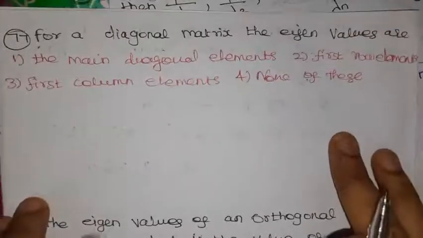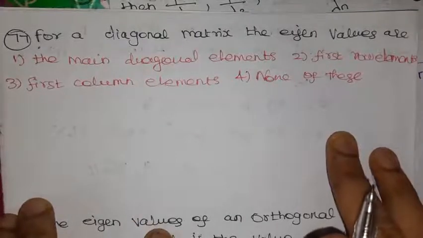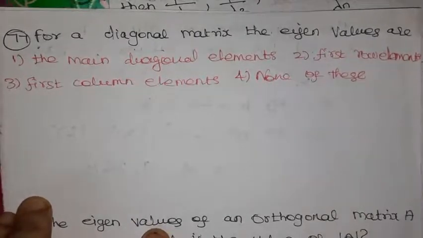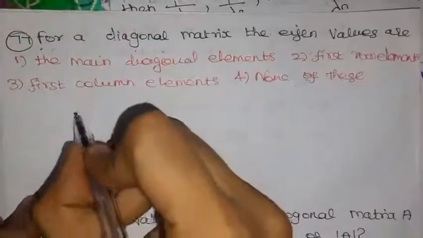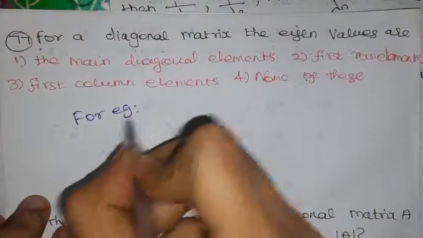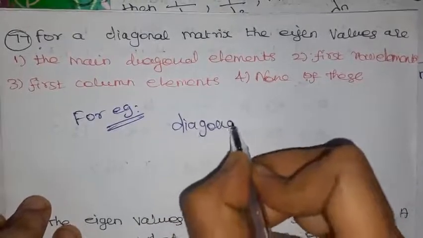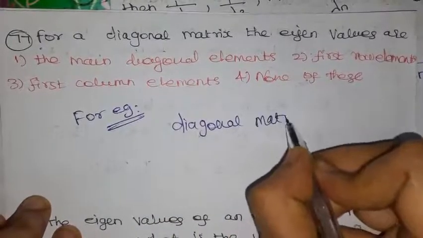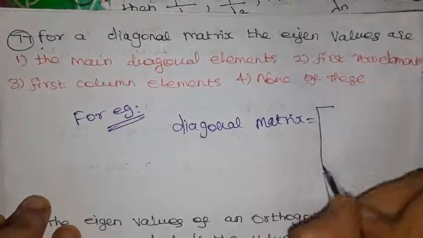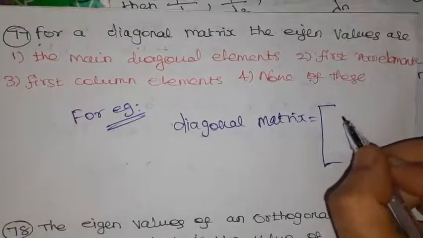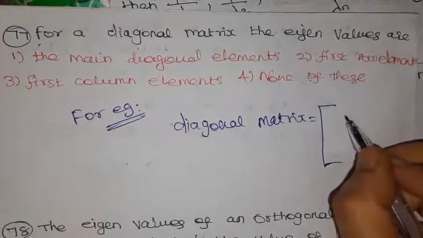Then question number 77. For a diagonal matrix, eigenvalues are, so we'll see what a diagonal matrix actually is. For example, it will have values only in the leading diagonal.